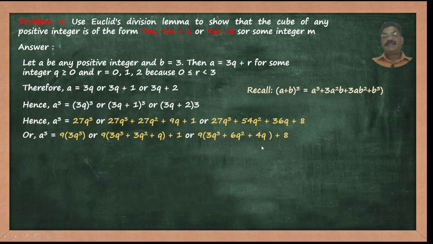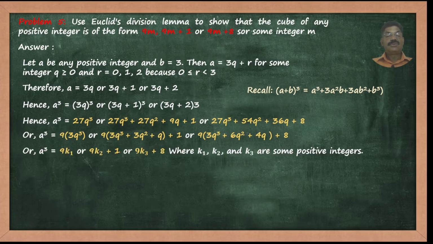In the first three terms, again 9 is common. You take it outside. So you get 9 into 3q cube plus 6q square plus 4q, plus 8. So if you take k1, k2, k3 as the terms which are in brackets, you will get a cube is equal to either 9k1 or 9k2 plus 1 or 9k3 plus 8.